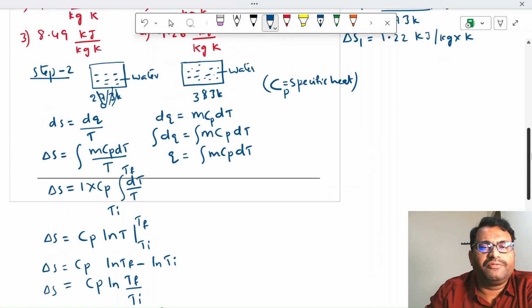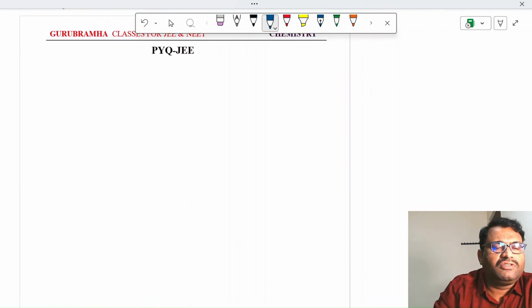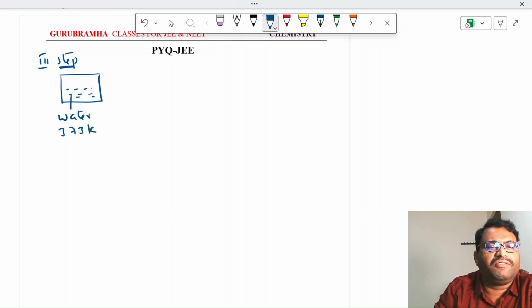Next, coming to the third step. Now we are having water at what temperature? 373 Kelvin. Now you are heating it.